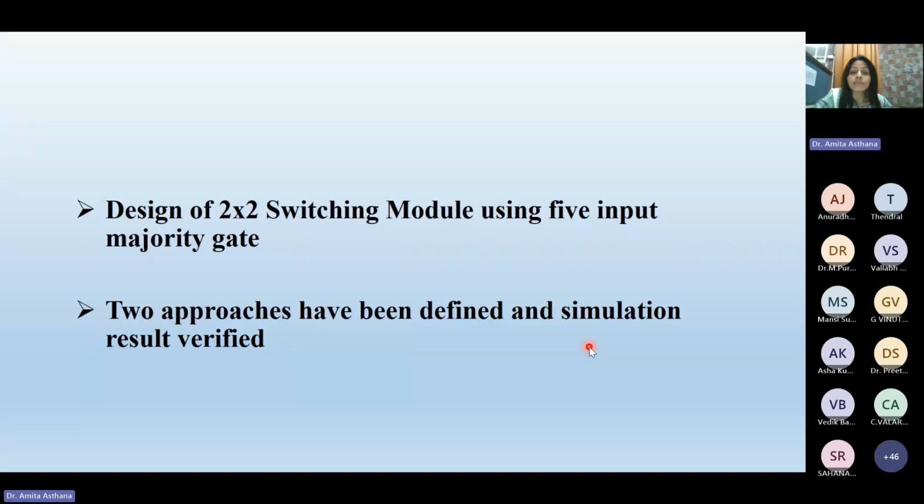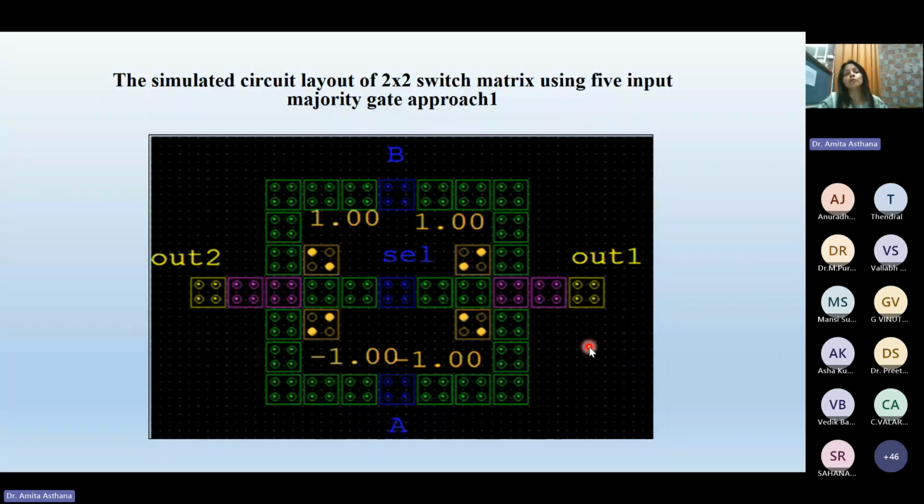The approach 1 we will discuss, and then we will see approach 2, designed using the 5-input majority gate. This design employs a much smaller number of quantum cells, as we can see from the diagram.